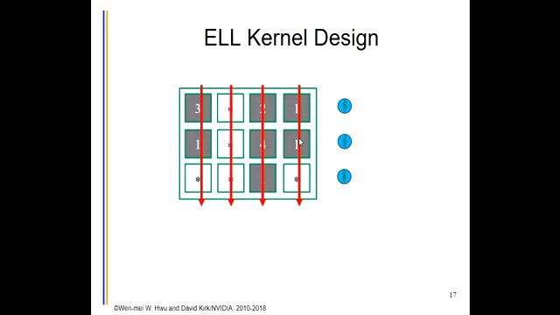When we have an ELL representation, we can assign each of the transposed columns, which is the original row, essentially a padded original row, to the threads, and the threads will be iterating from top to bottom in their assigned columns.